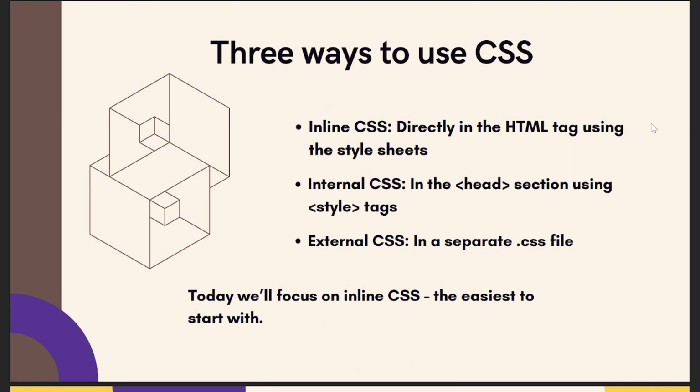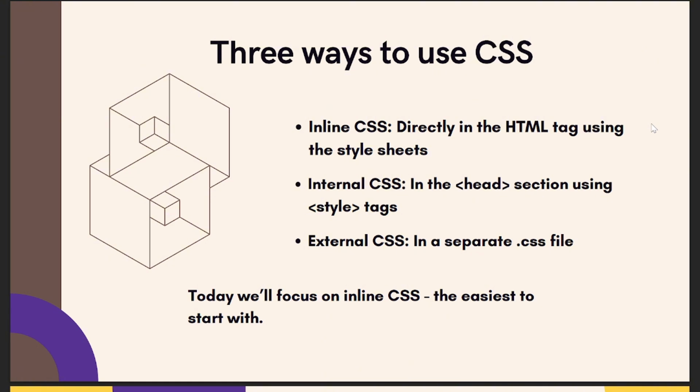Now there's another one called external CSS. For external CSS, you have to create a different file for it, a CSS file. It happens outside the particular file you're working on. I told you how to structure your page by creating folders and files, you know.